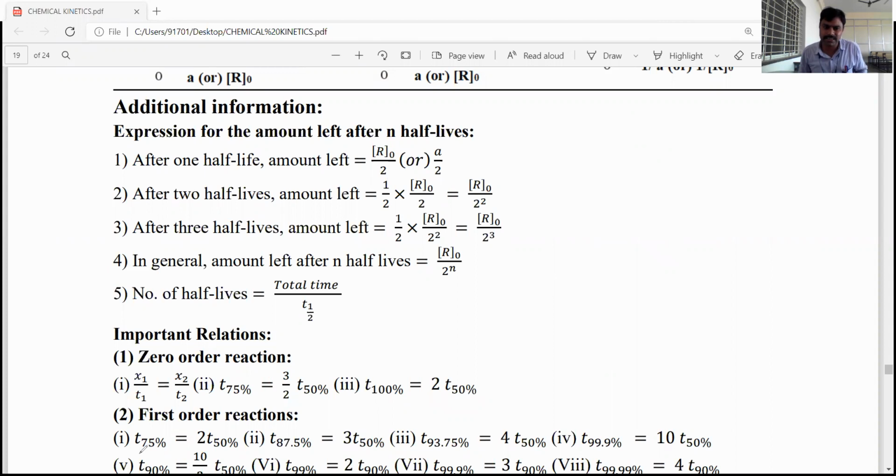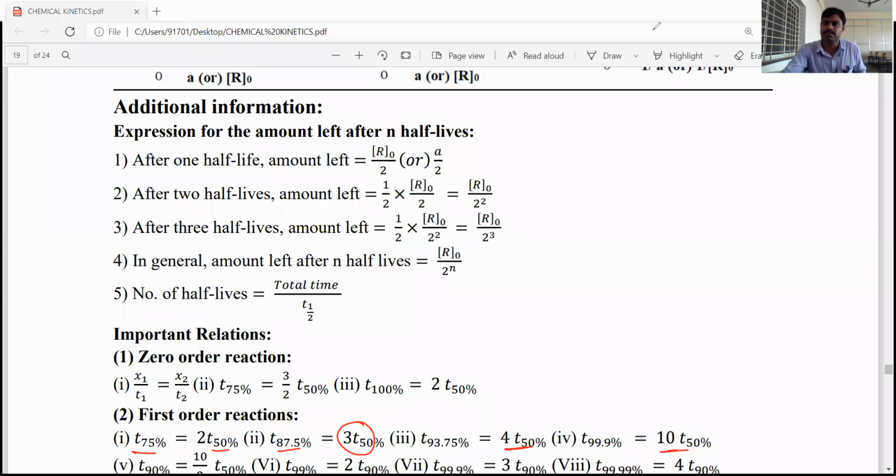For first order reactions, t 75 percent is 2 into t half, t 87.5 percent is 3 t half, t 93.75 percent is 4 t half, and t 99.9 percent is 10 t half. These relations we can derive the same way I derived them for zero order reaction, but these first three relations you should remember directly, as they help in objective examinations.